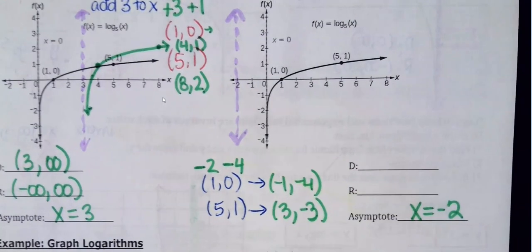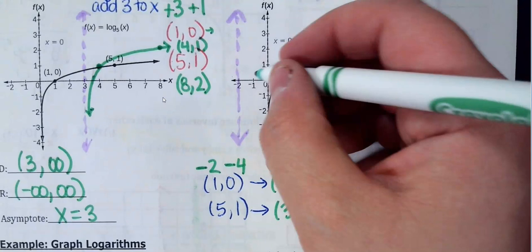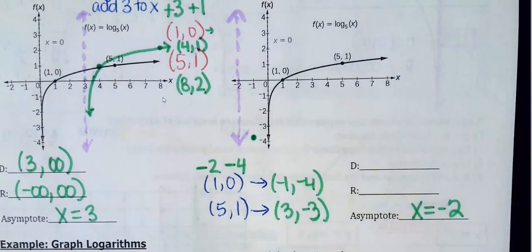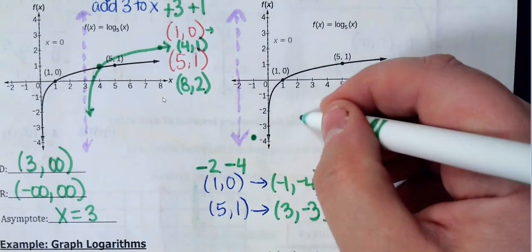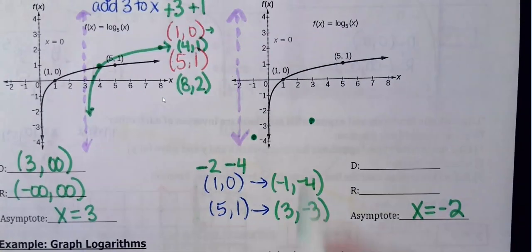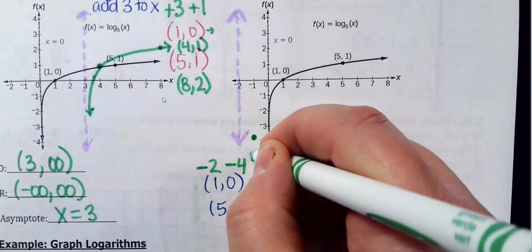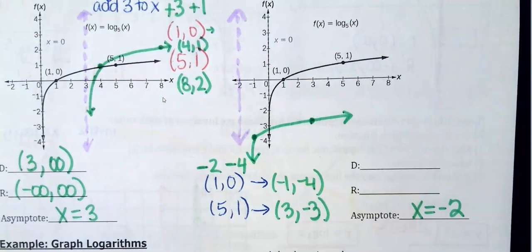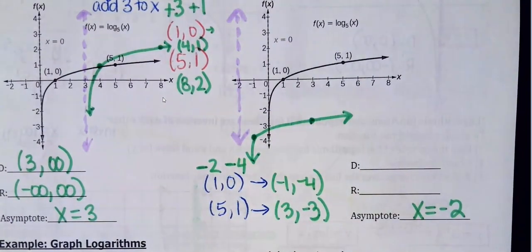So I've got the point (-1, -4), so it's kind of down here a little bit. And then I've got the point (3, -3). And I'm just going to do kind of a general shape here. So we're going to get close to that asymptote, but not touch it, not go over it. That's shifting that original graph. We're going left 2 and down 4.